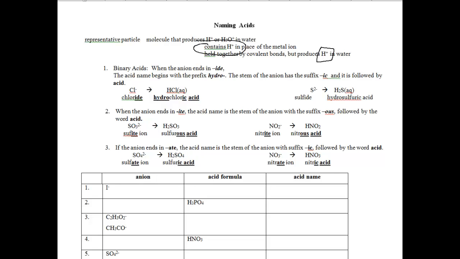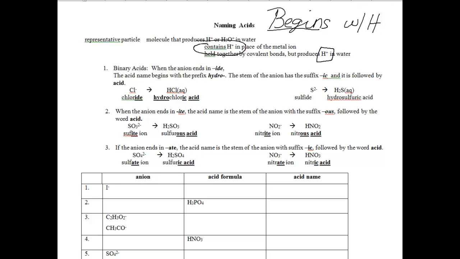This time hydrogen acts as a positive ion, so we need to partner it with a negative anion and look at the relationship. So how do I know if it's an acid? It's not just does it have a hydrogen, it begins with hydrogen. That's what you need to know.